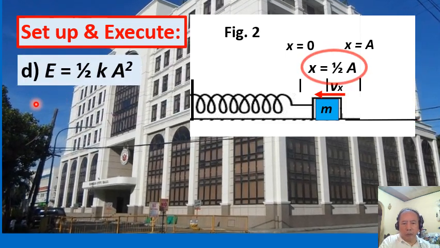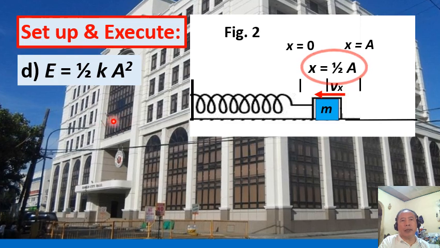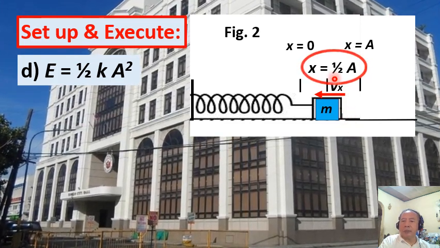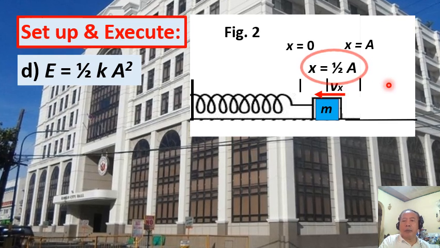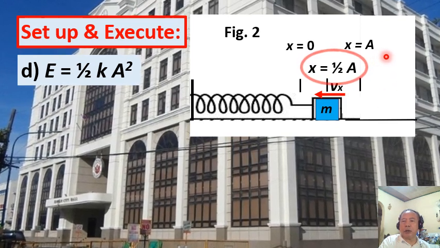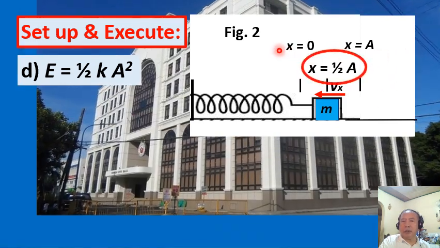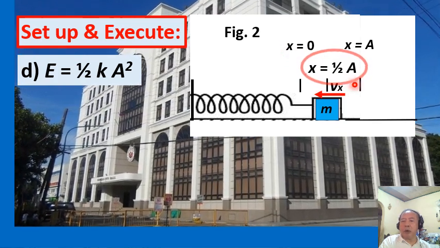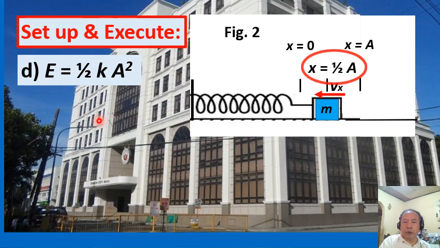Three. We compute for the total mechanical energy of the block when it is located halfway between the initial position x equals A and the equilibrium position x equals 0. That is, if x equals 1/2 times the amplitude.